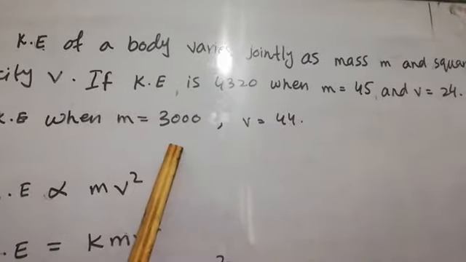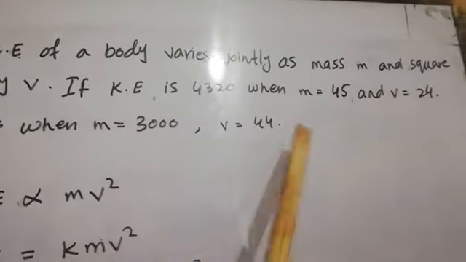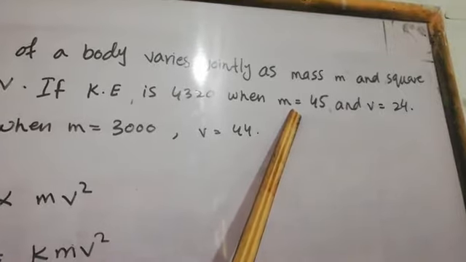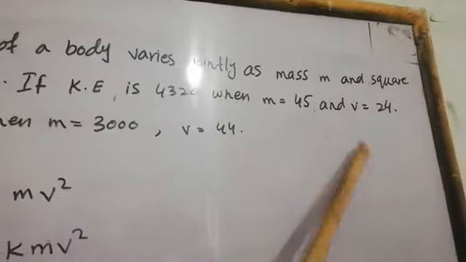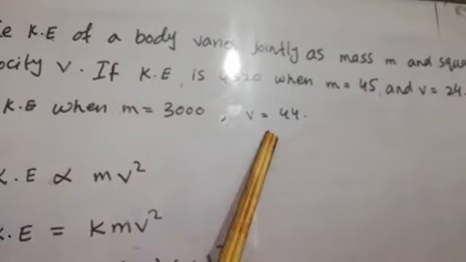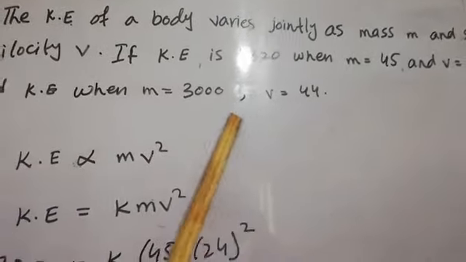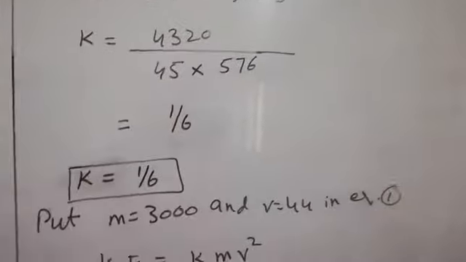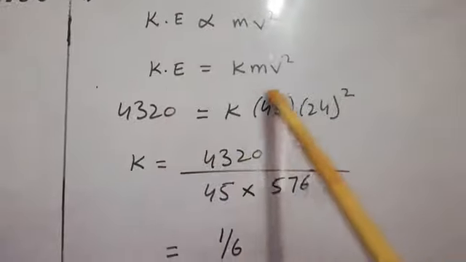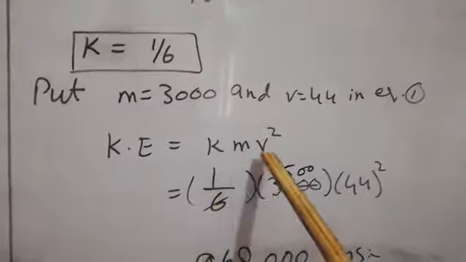Now we will go for the changed values. At the start m is 45, now the value of m is 3000, and at the start v is 24 and now v is equal to 44. Then what will be the change in kinetic energy? So write the kinetic energy relation: kinetic energy is equal to kmv square.